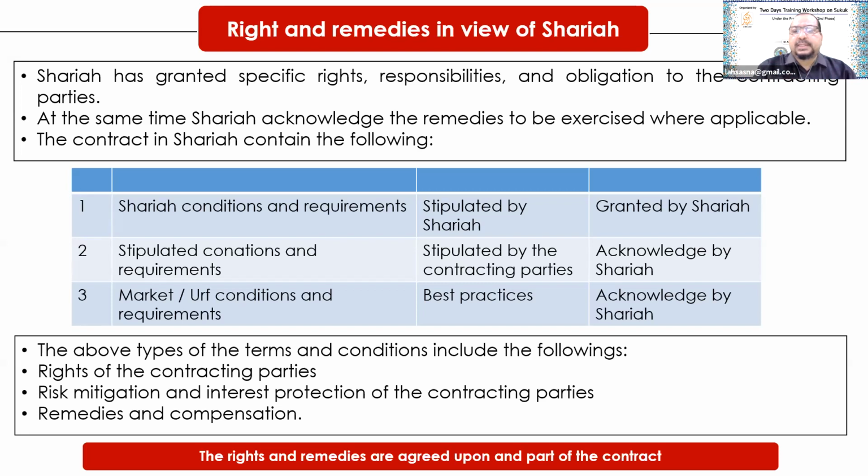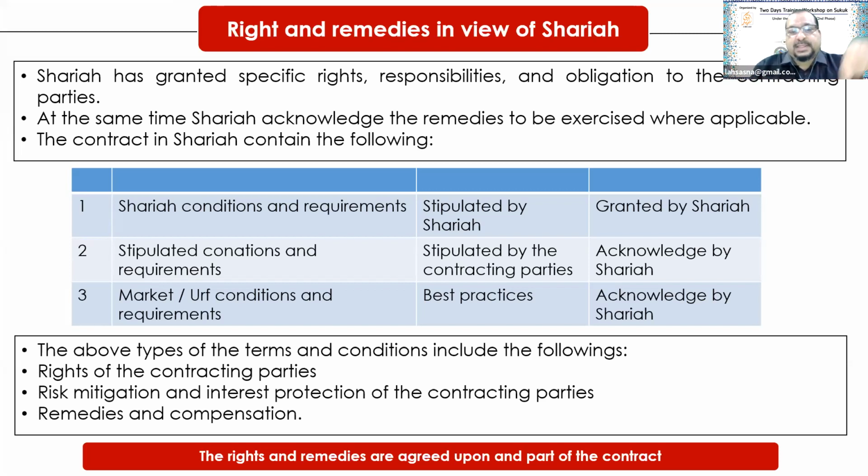So this is a stipulated term or condition. Number three is market and ORF conditions and requirements. It is known as commercial custom. It is known as best practices. It is known as a template contract, what is called a TNC template, which most people use.